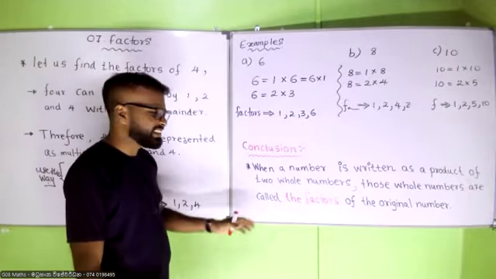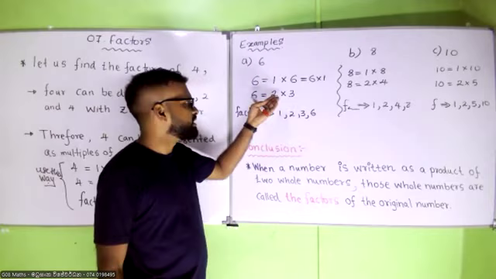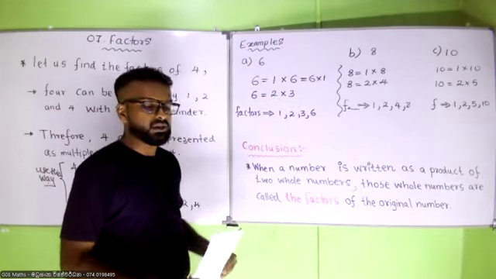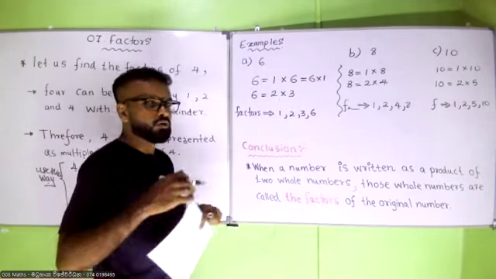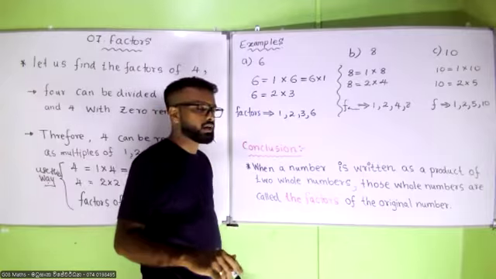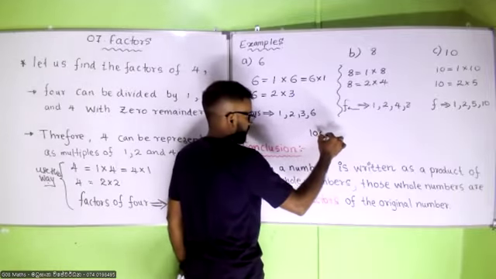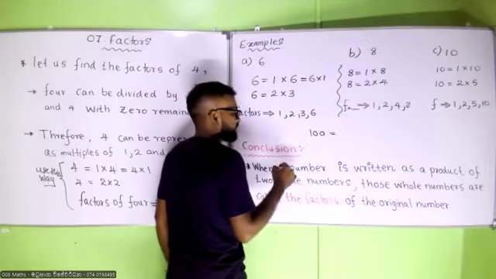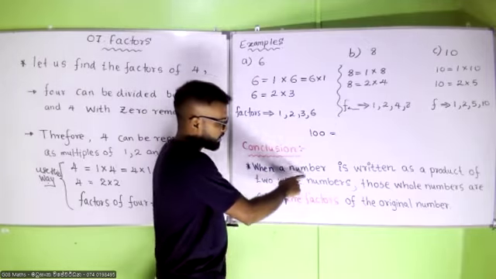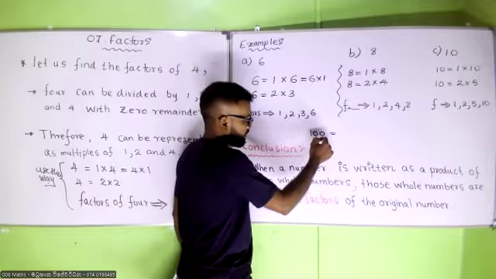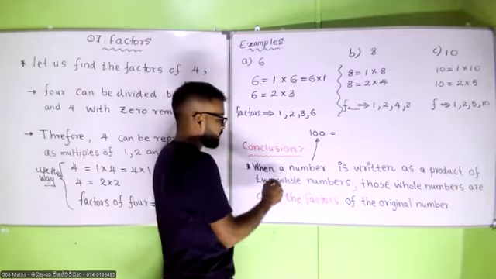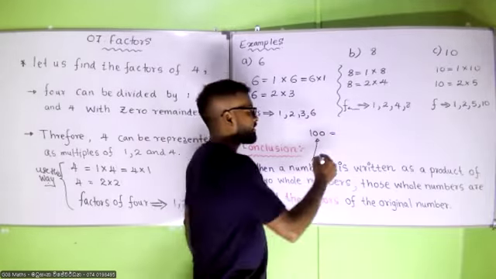So this is the thing that we did daily. For an example, now no need to write, I will take 100. 100 can be written down as, when a number, this is the number, is written as a product of two whole numbers, I will write 5 times 20.